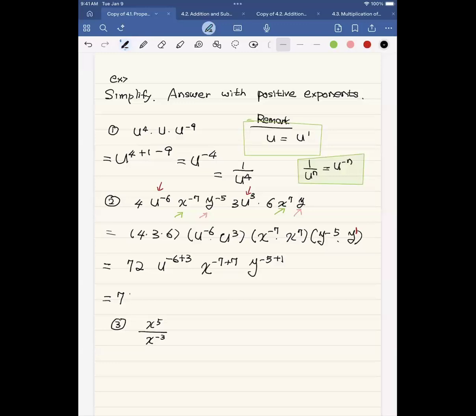So we have 72 times u to the negative 3 power, x to the 0 power, y to the negative 4 power. What do we know about a number to the 0 power? It is always 1.